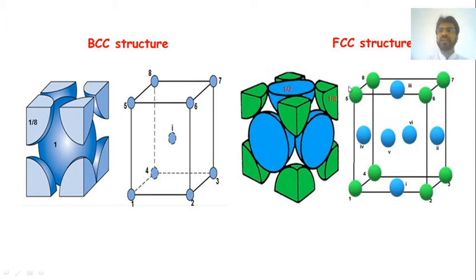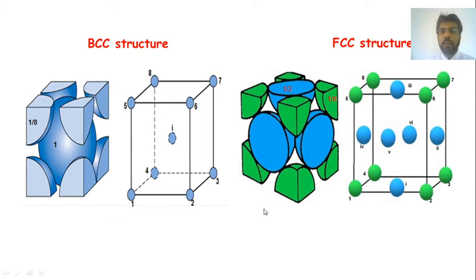But in the FCC type of structure, the contribution of the atoms located at the center of the face of the unit cell is only half of that atom.